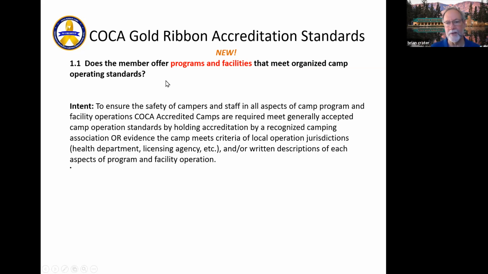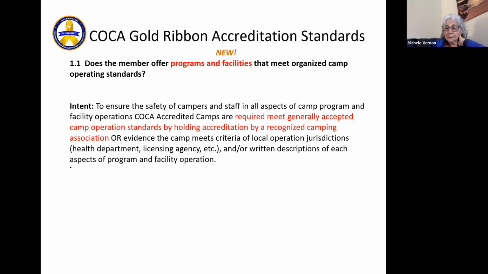Now, organized camp standards, we'll talk about that definition in a minute, but let me go down to the actual intent. It says that all aspects of the camp program and facility operations are required to meet generally accepted camp operation standards by holding accreditation of a recognized camp association.